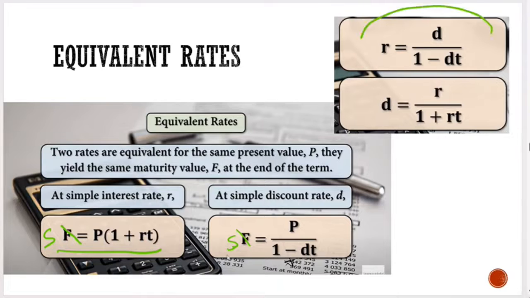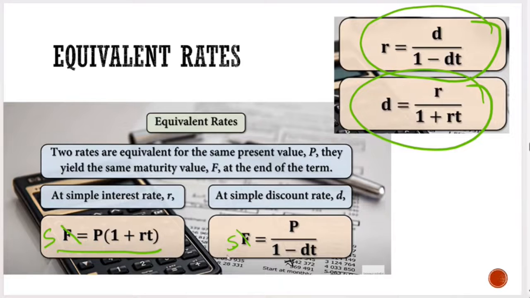So this will be the formula for an equivalent interest rate against the discount. This will be your formula for the discount rate against your interest rate. So when you get a question asking you about the equivalent rates, these are the formulas that you must use.